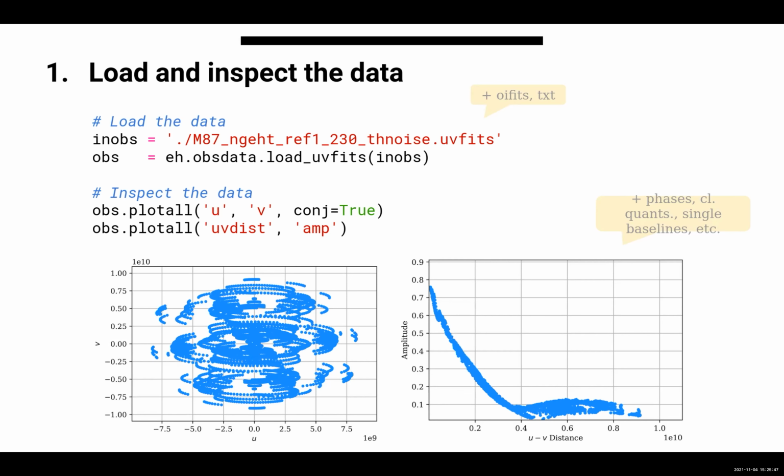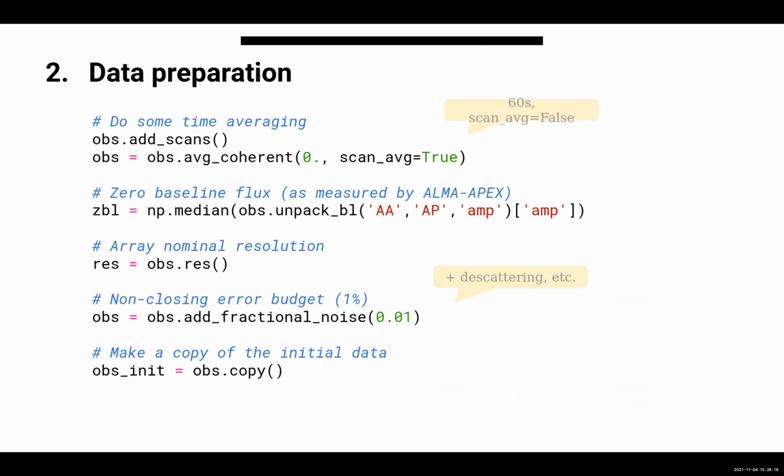You can plot visibility phases, closure quantities, closure phases, closure amplitudes, single baseline, many different things. As you can see here for the amplitudes that are plotted, the data set that I will image today in this tutorial contains only thermal noise and atmospheric phase corruption. So it's rather a simple data set, but it's pretty nice for learning ngEHT imaging. So next slide, please.